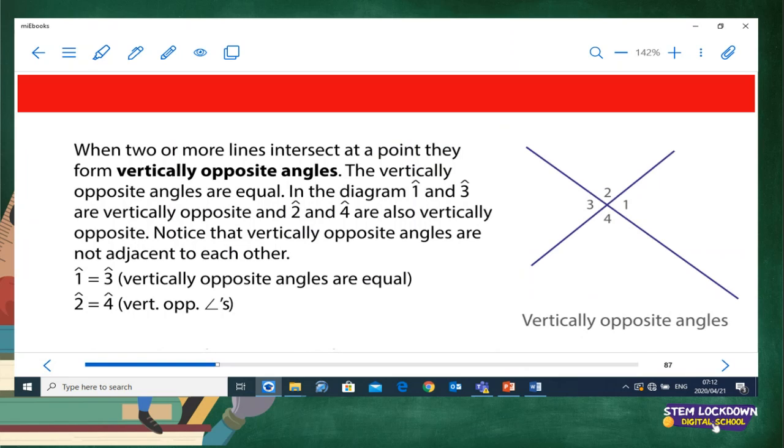Now, you must be able to use this example to solve the next activity which we have, by remembering that vertically opposite angles are equal.